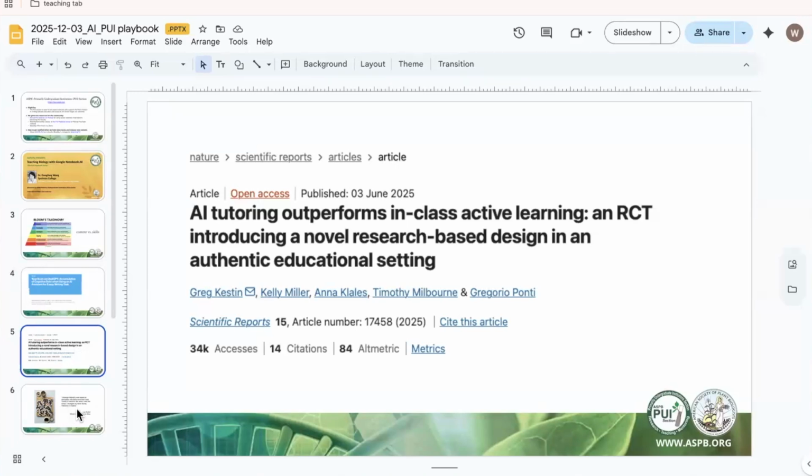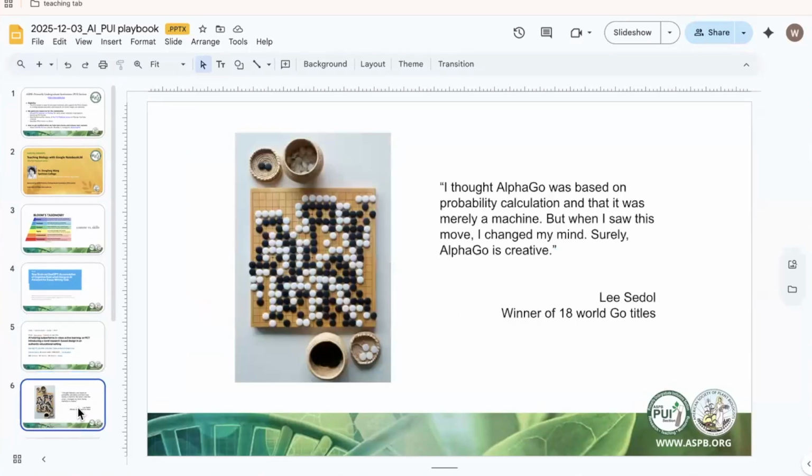A good application of this is the AI model called AlphaGo. It was developed by Google DeepMind and famously defeated the human Go master, I think in 2016. Here is a quote from the Go champion who was defeated.